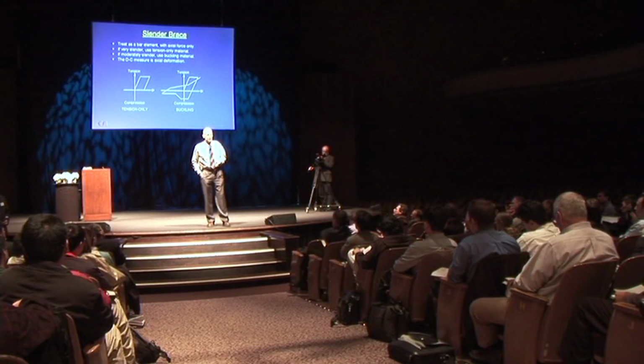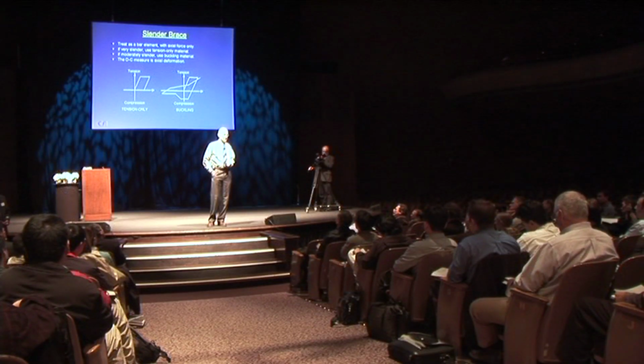Yeah, actually, there is one slide now which sort of addressed this. My first choice would be the chord rotation model if it works. If for some reason it doesn't work, my second choice would be a plastic hinge model. And if for some reason that doesn't work, my third choice would be a plastic zone model. I wouldn't go any further than that.